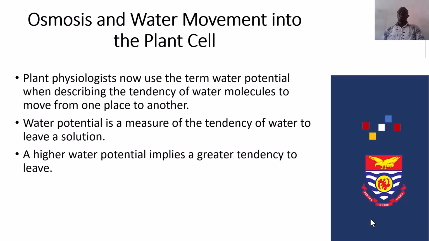Plant physiologists now use the term water potential when describing the tendency of water molecules to move from one place to another. Water potential is a measure of the tendency of water to leave a solution. A higher water potential implies a greater tendency to leave.